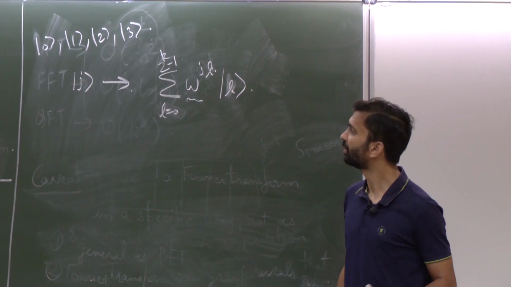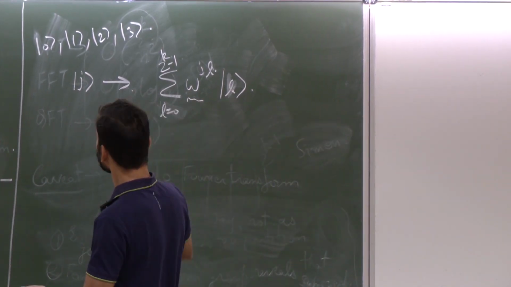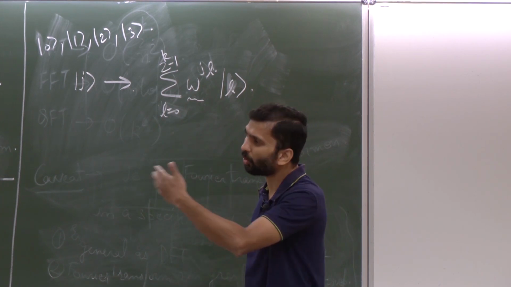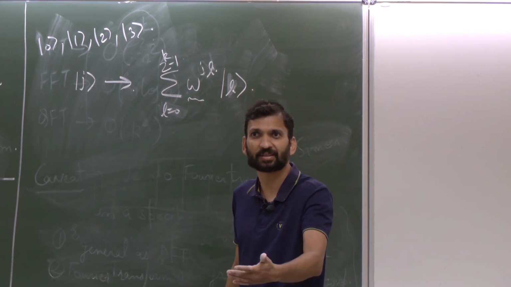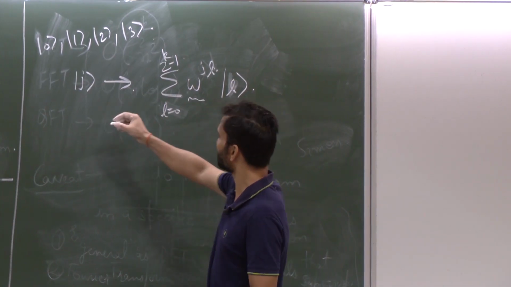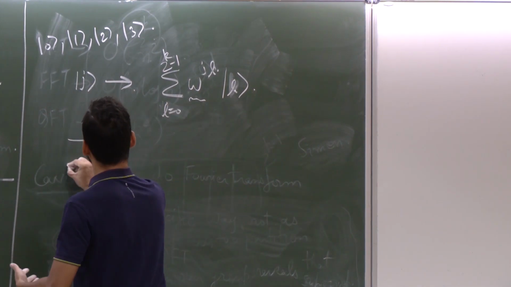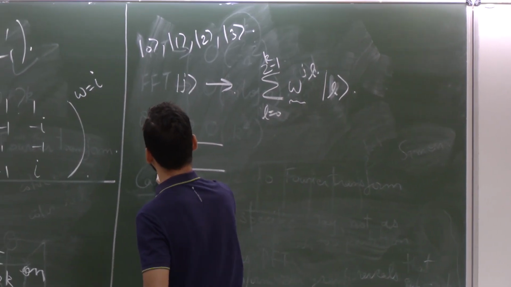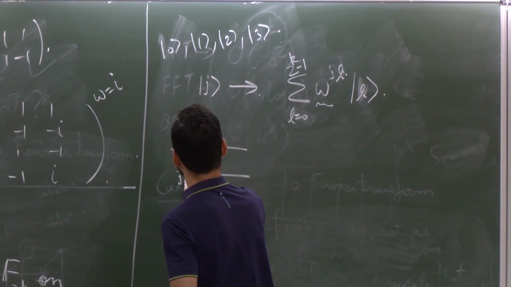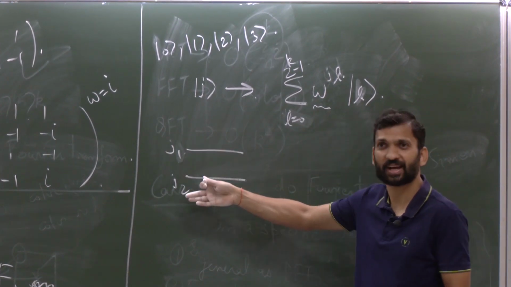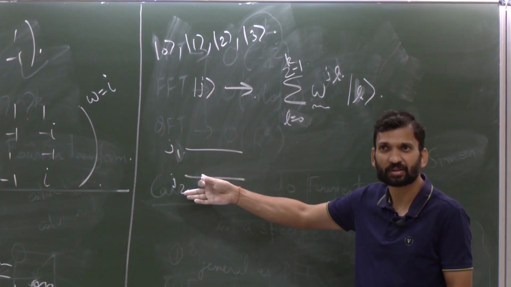Correct? Now, even though these are 0, 1, 2, 3, as Suyesh pointed out, on our computer we will write it as qubits, right? Finally, this circuit when I make, I am going to have J in a qubit representation.